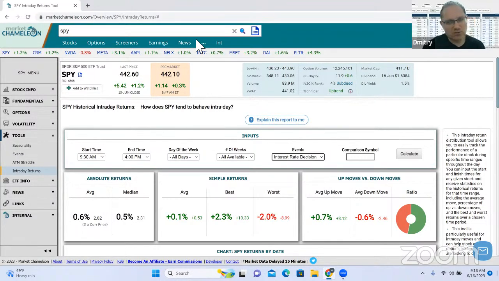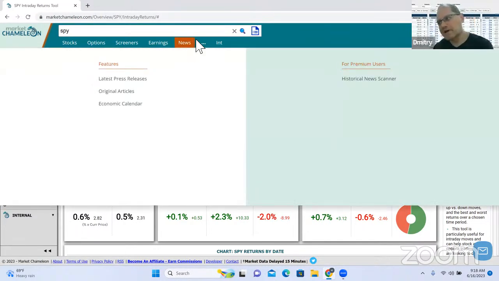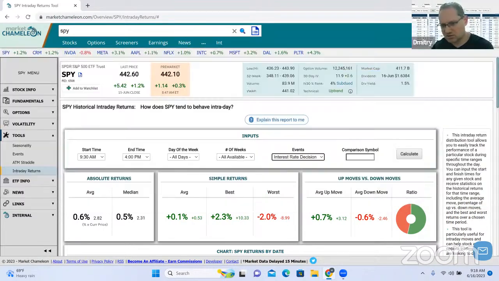This is a relatively new tool, so I don't think we're going back very far, I think 4 decisions. But this will keep accumulating, so it's going to get bigger and bigger. But let's say on the interest rate decision, we want to know how does SPY tend to move ahead of it? How does it tend to move leading out of it?